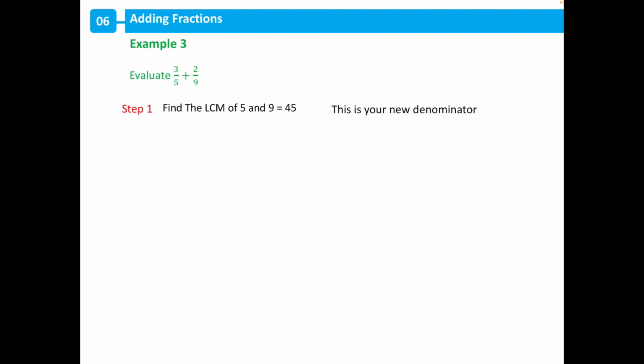Step 2. Find the equivalent fractions which have a denominator of 45, i.e., write 3/5 as its equivalent fraction with a bottom of 45.